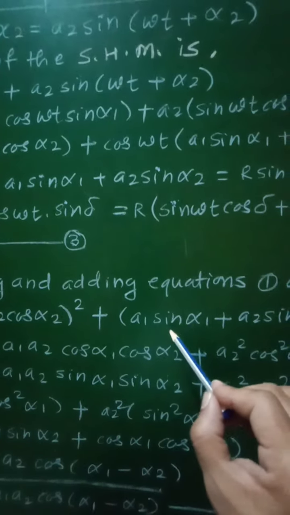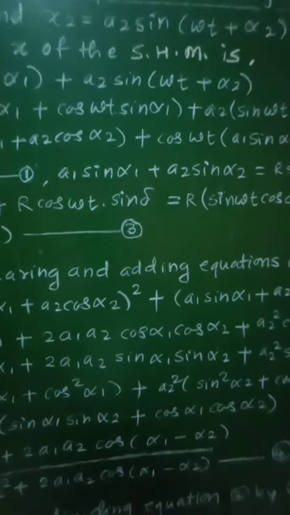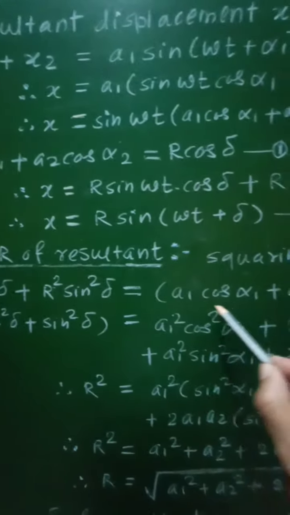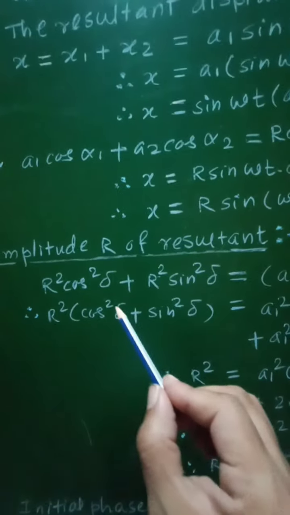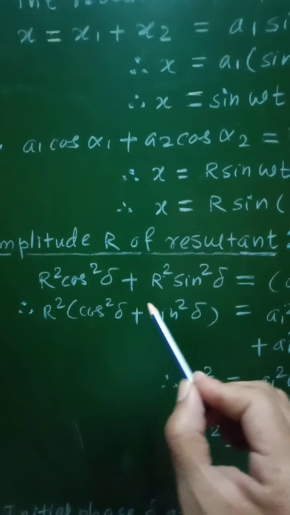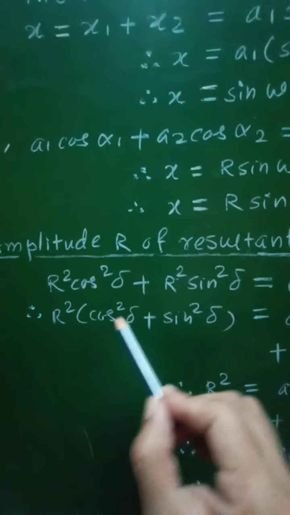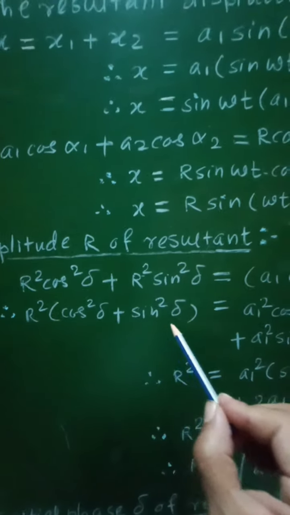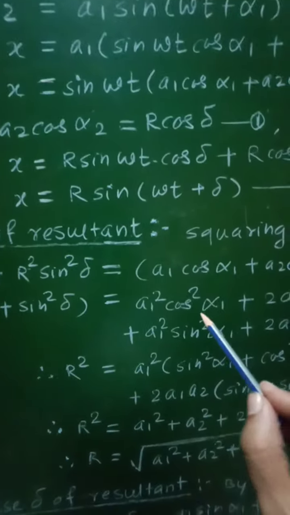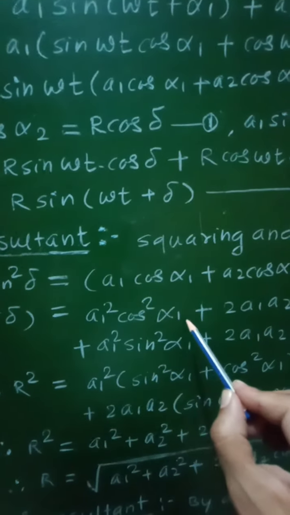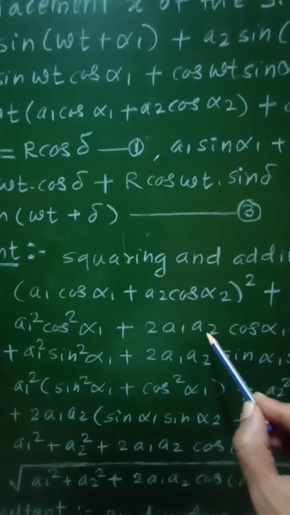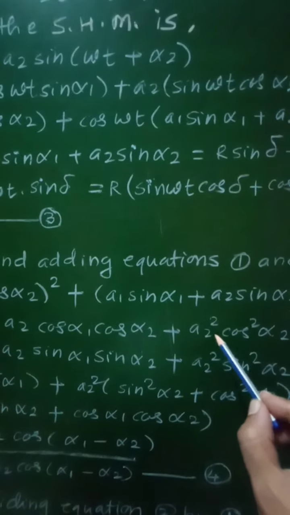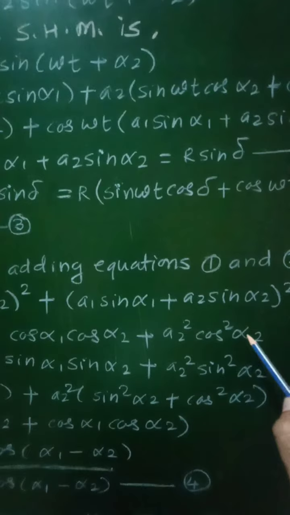Now this will be expanded by using a plus b whole square, that is a square plus 2ab plus b square. By using that formula we can expand it, but before that, as here it is r square cos square delta plus r square sin square delta, r square is taken common, cos square delta plus sin square delta will be equal to 1, and therefore it will be written as A1 square cos square alpha 1 plus 2 A1 A2 cos alpha 1 cos alpha 2 plus A2 square cos square alpha 2.